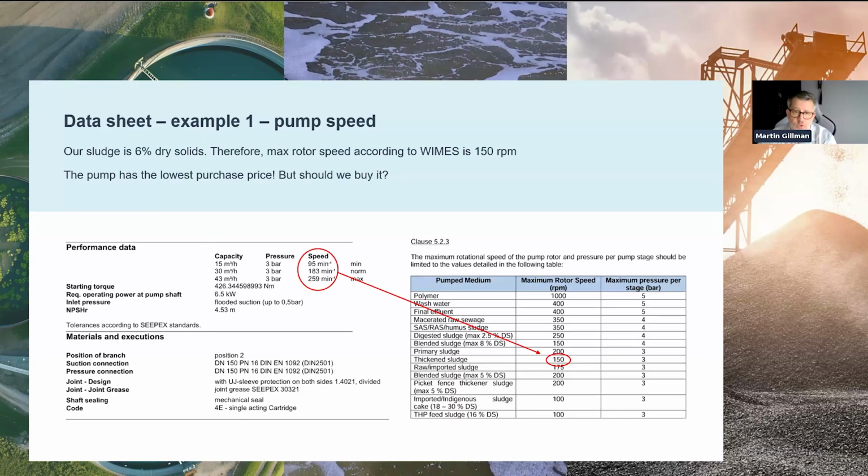But we know that's not what we're always going to be doing. We've got a variable requirement here. So we need to make sure that the maximum speed of this pump, this 259, should be 150 or less, and the other speed should be related to that for the lower flows. So that's just a quick sanity check. Check the standards against what you're actually getting on your data sheet.